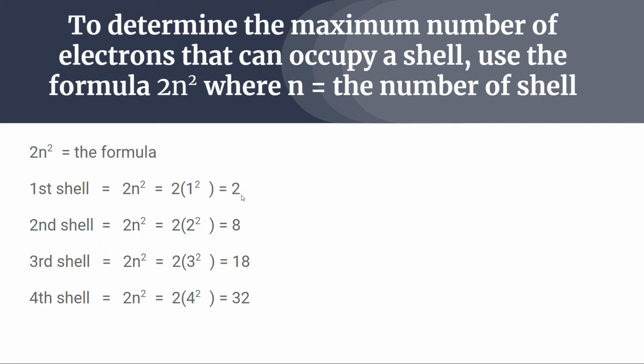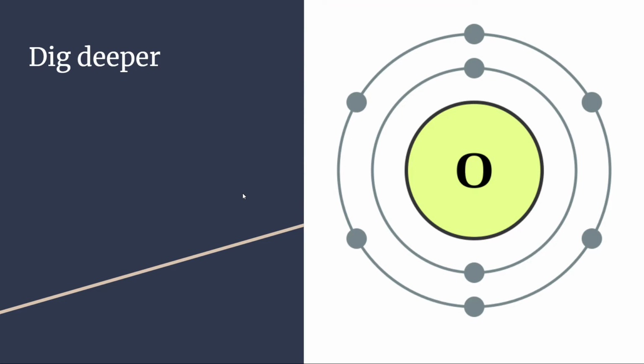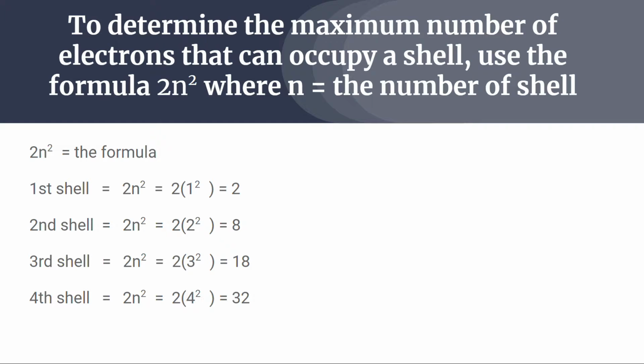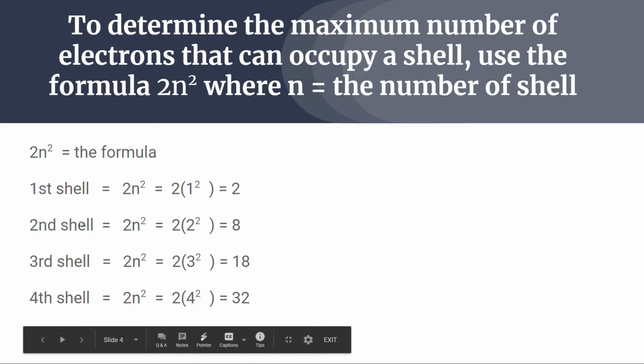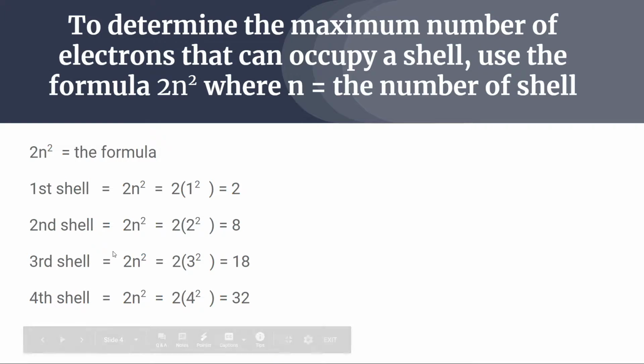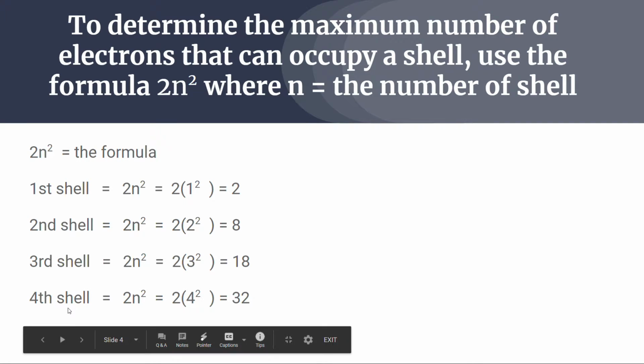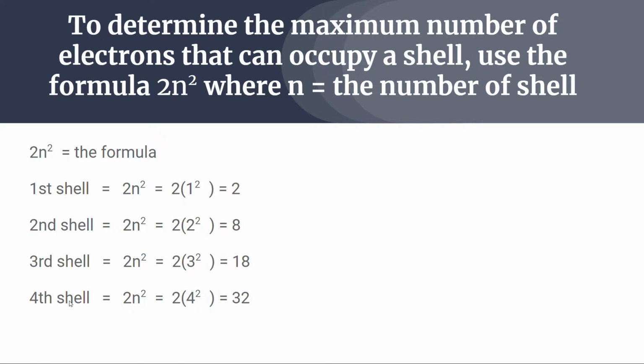So hence, we can only have 2 electrons in the first shell, and then we have the answers over here, 2, 8, 18, 32 for the certain shell. Usually an atom does not exceed the third shell, but in rare cases, it does. But no atom exceeds the fourth shell.